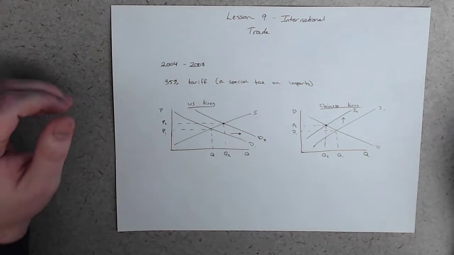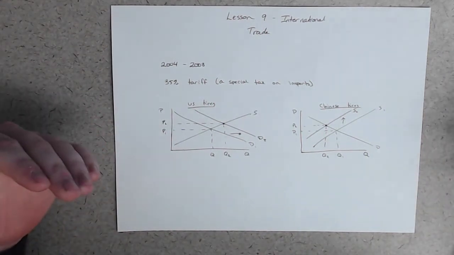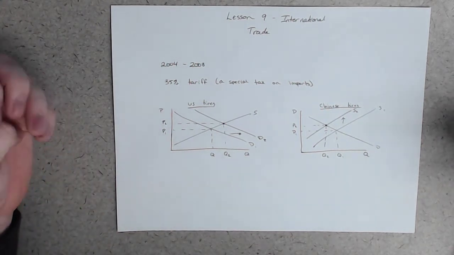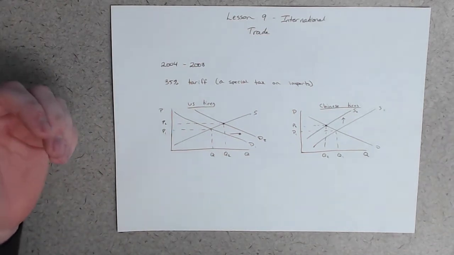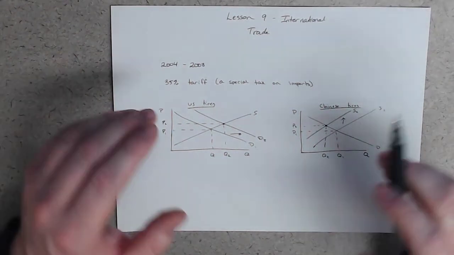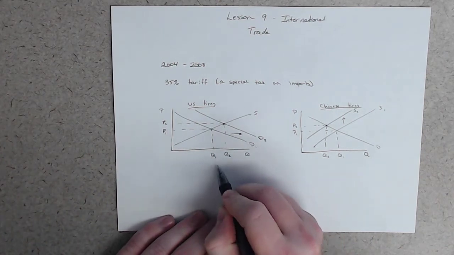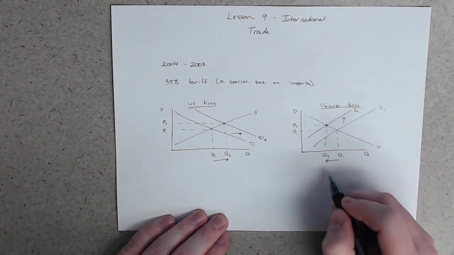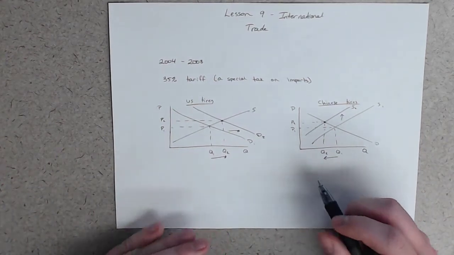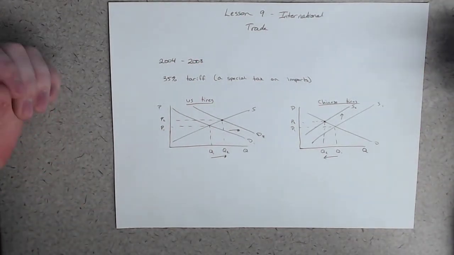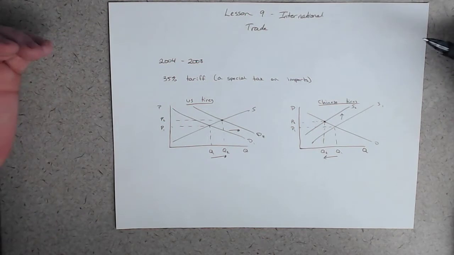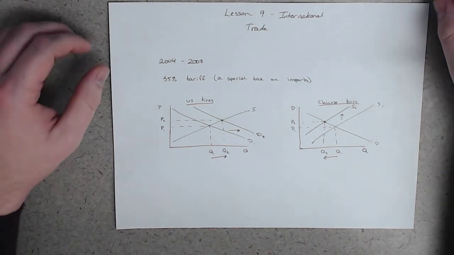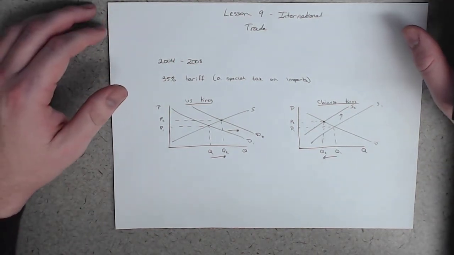And so what we can see is that tires in general are now more expensive, right? And if that's true, we should expect to see people buying fewer tires in general. So it is true that we have more American-made tires, which means more people in America making tires, and we're going to import fewer tires. That's true. But what we'll see later on in class is that there will be an overall reduction in the consumption of tires, and as a result, people are driving around on tires that are older, perhaps a little bit more worn down.